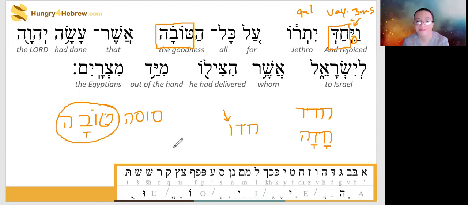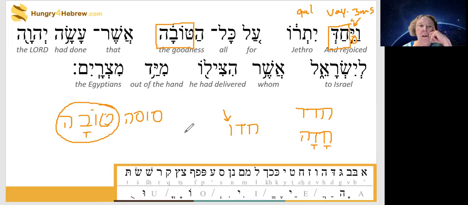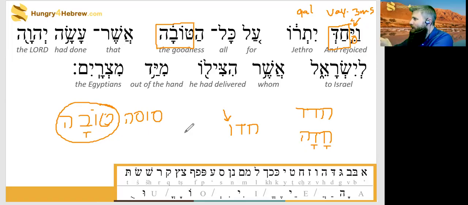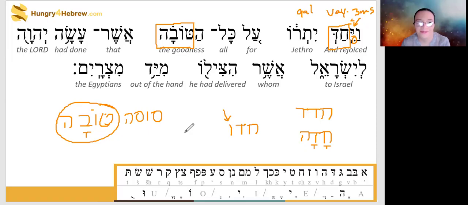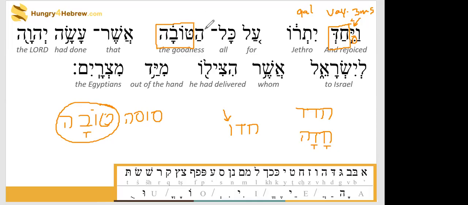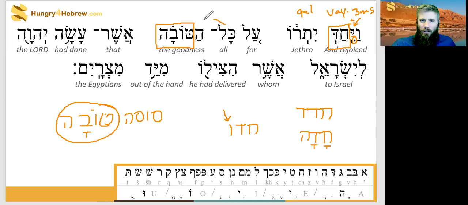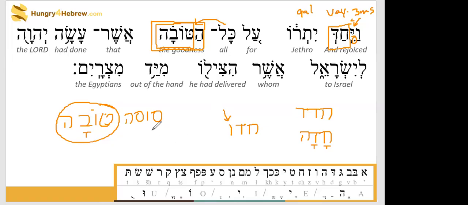How do you know? Describing all. Okay, I would actually point to the definite article. Yeah, the definite article. So because of kol and because of the definite article, this has to be serving as a noun.